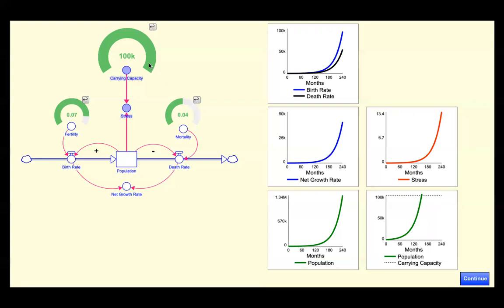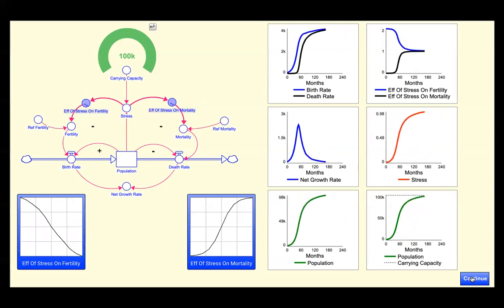Note that so far, the stress has no impact on fertility nor on mortality. In reality, however, that is not true. Notice that the population may develop beyond the carrying capacity with no apparent consequence other than the inevitable elevation of the stress level. Therefore, we must continue the modeling process.